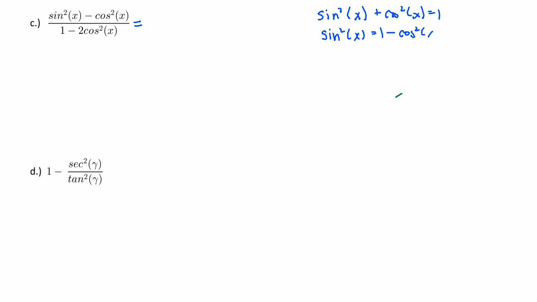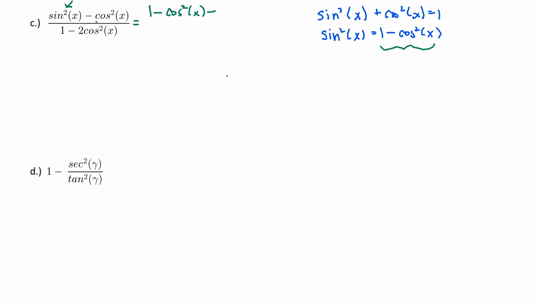So sine squared of x is equal to 1 minus cosine squared. So I'm going to take this expression and replace its equivalent sine squared in the given problem. Sine squared becomes 1 minus cosine squared of x.